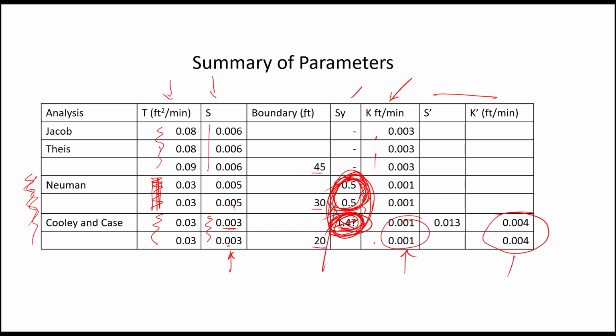We also took a look at the effects of having a boundary on fitting the data, and we could fit the data pretty well with the Theis solution with a boundary at about 45 feet, and that did not include any kind of specific yield. And one feature of all of these is that when we had a boundary, it separated out the curves in a correct way.